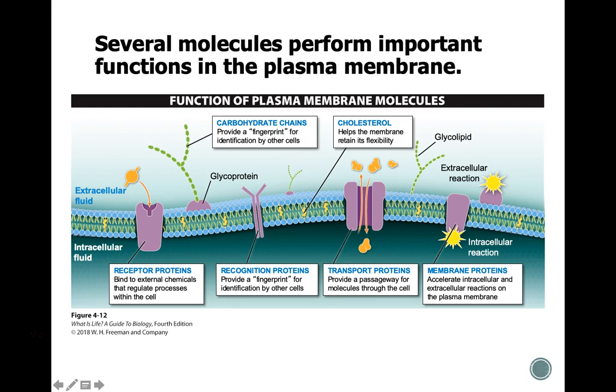So it is a sugar molecule attached to a protein. Over here we've got another one of our recognition proteins, a different type. This would be something that maybe the immune system cells identify and therefore don't attack the cell within the organism.